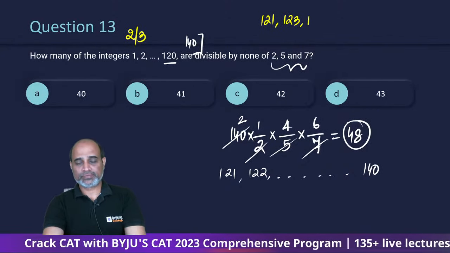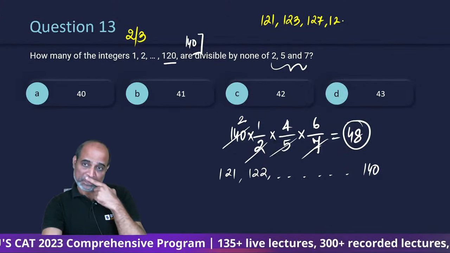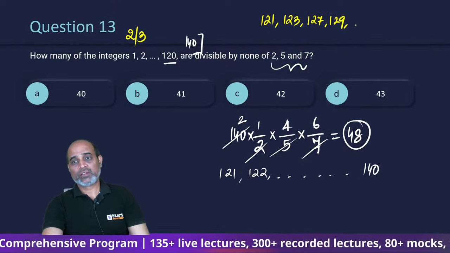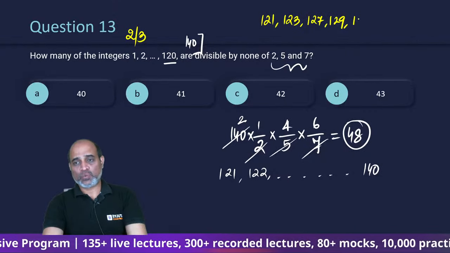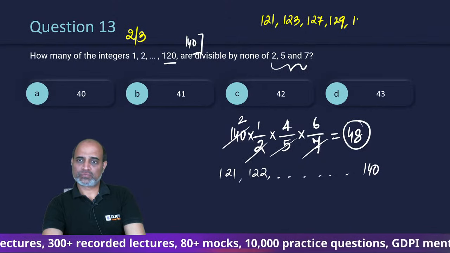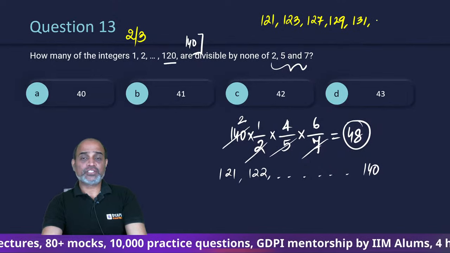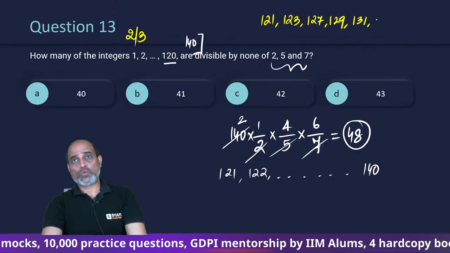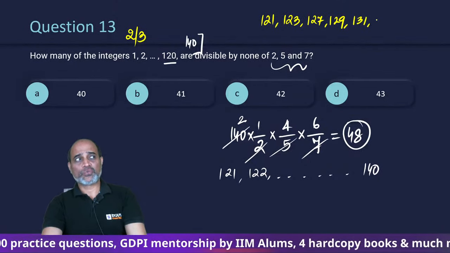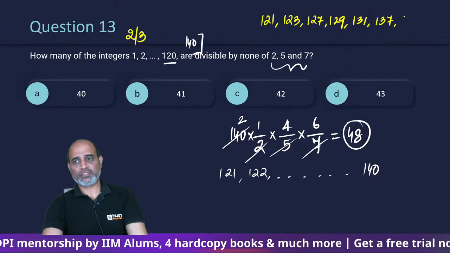127, 129, 131, 133 is divisible by 7. 135 is divisible by 5. 139, let's write 137 also. 139.